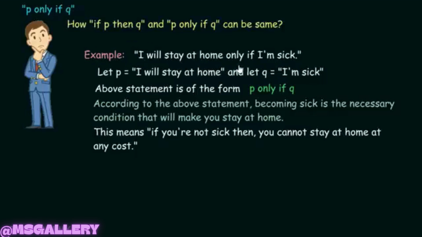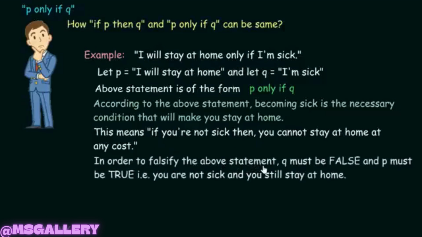Therefore, the only way to falsify this statement would be when Q is false and P is true. When we make Q false, that is, I am not sick, and P true, that I will stay at home, then only would we be able to make this compound proposition false.